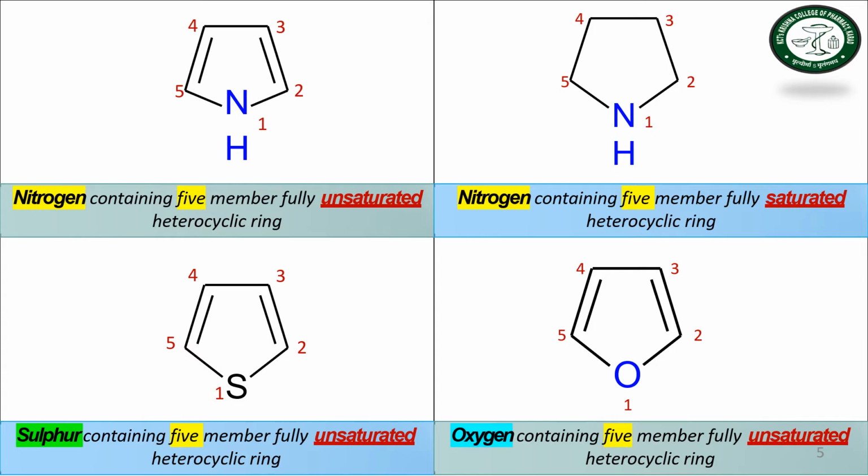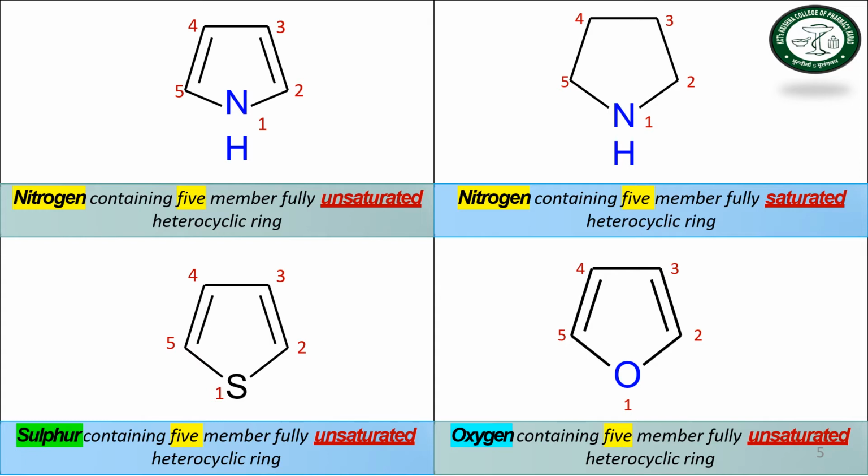And next is the presence of double bonds. So according to nomenclature, a five-membered ring, a nitrogen atom is present and two double bonds are present: nitrogen indicates aza, double bond indicates an unsaturated ring, and very important is the five-membered ring.